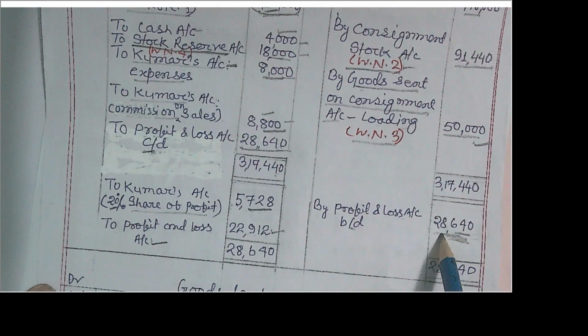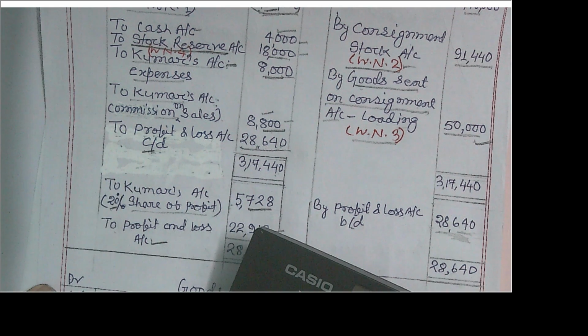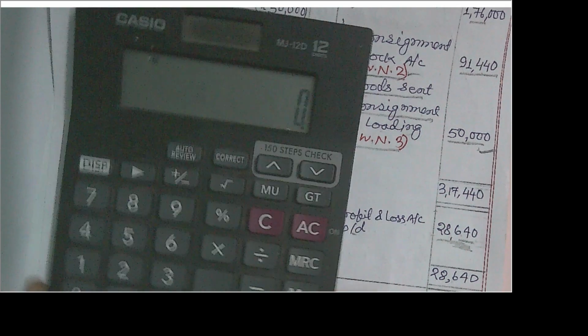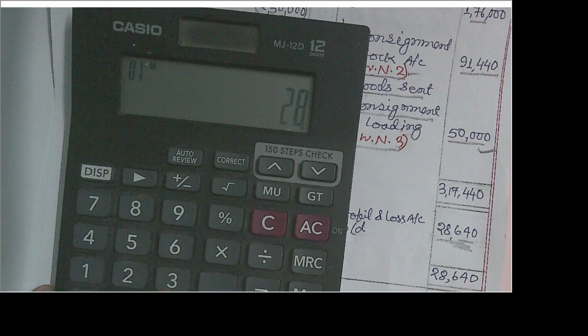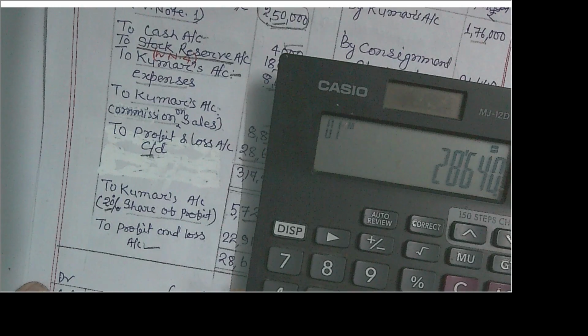So 28,640. So from the 28,640 minus his commission amount, his commission amount is 5,728, so the balance is 22,912.